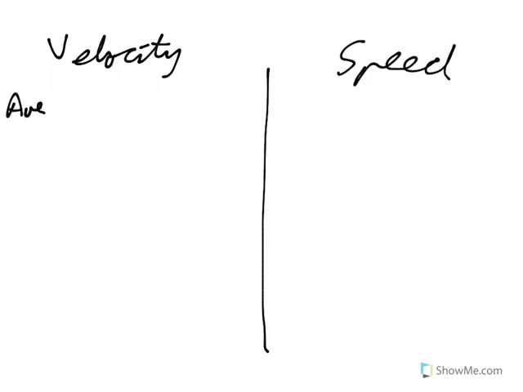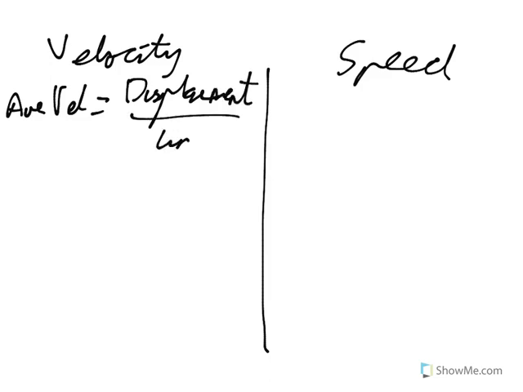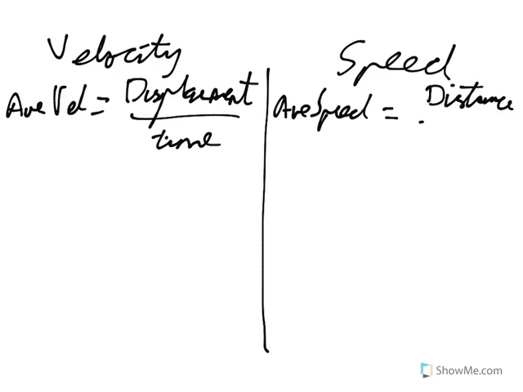So the average velocity is our displacement over time, and our average speed equals our distance over the time.